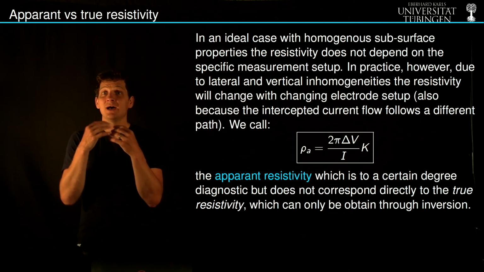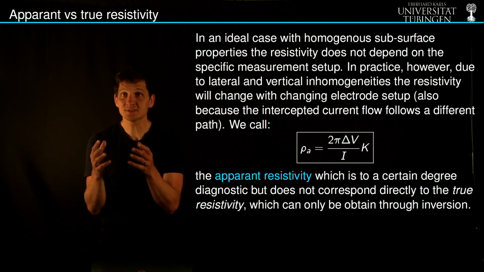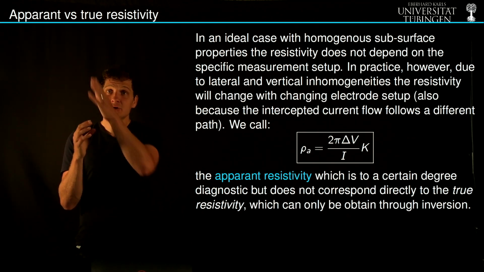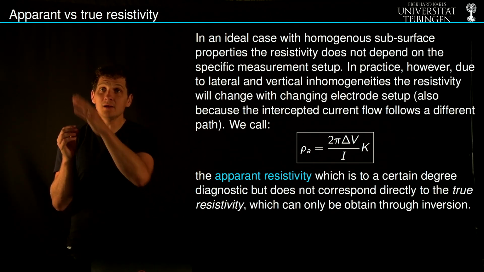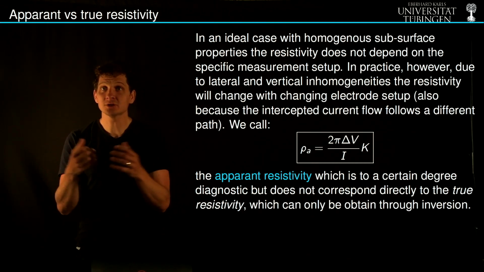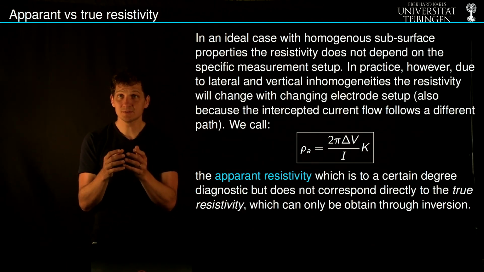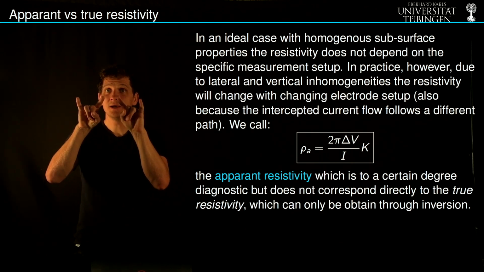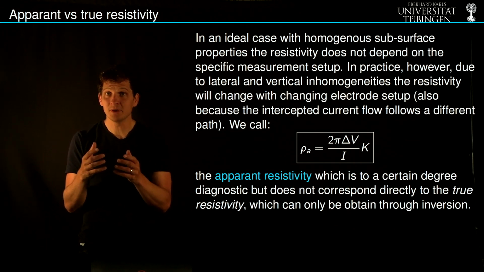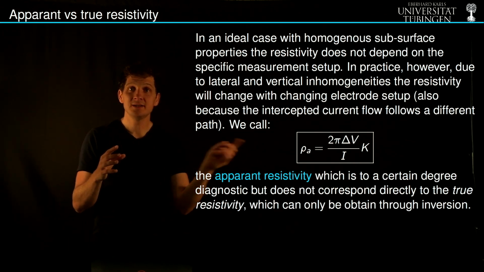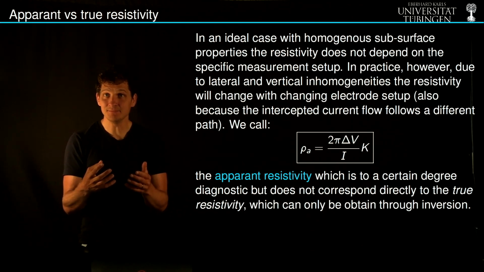If we have an inhomogeneous subsurface, which is definitely the default, then the current flow lines will flow differently depending on the location of the electrodes. This means that every time we take a measurement and then change the electrode setup, we will get a different reading for the inferred resistivity.